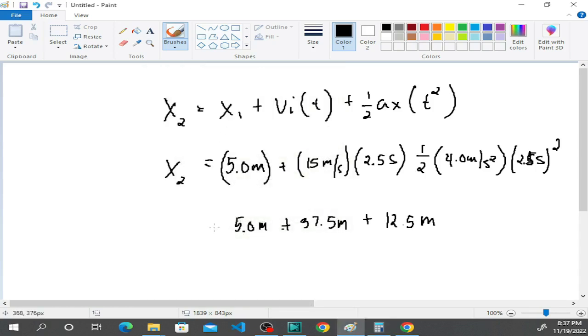Alright, so we see that after 2.5 seconds, while the velocity of this particular motorcycle is 25 meters per second, the motorcycle is 55 meters away from the signpost.